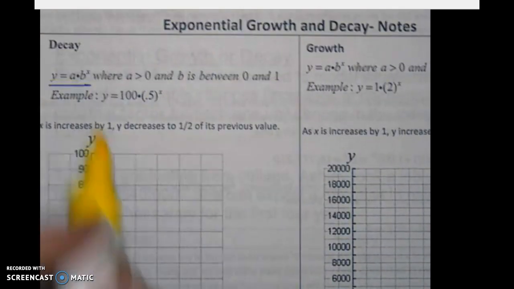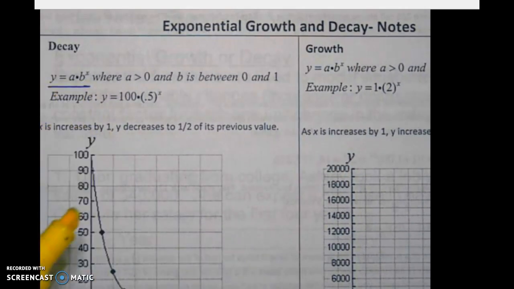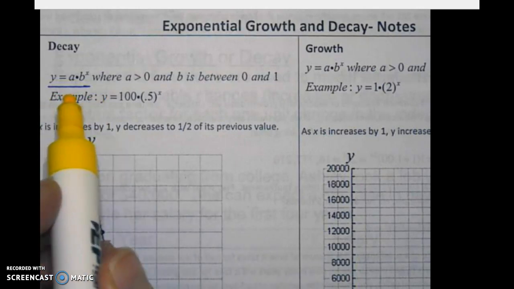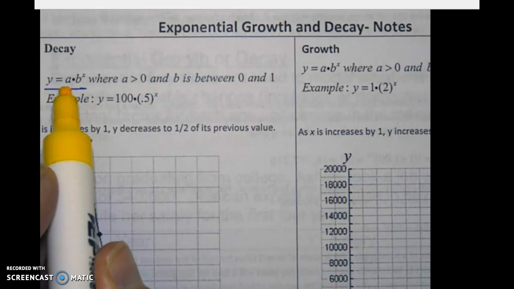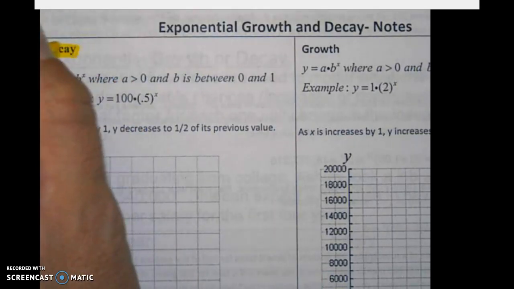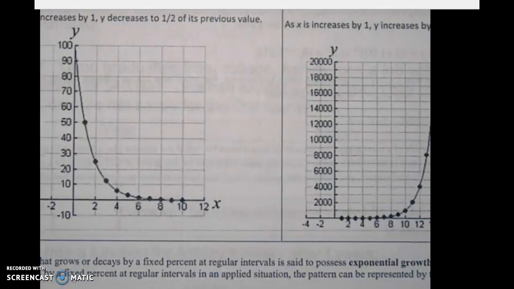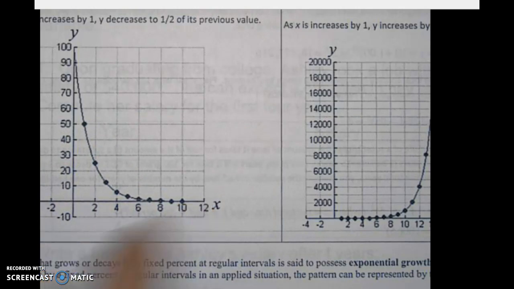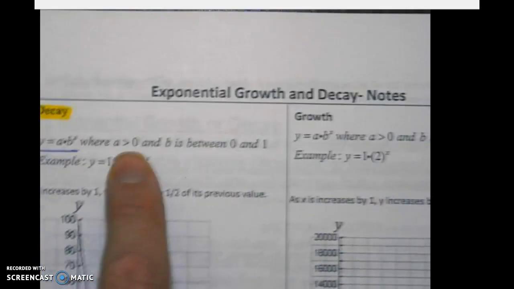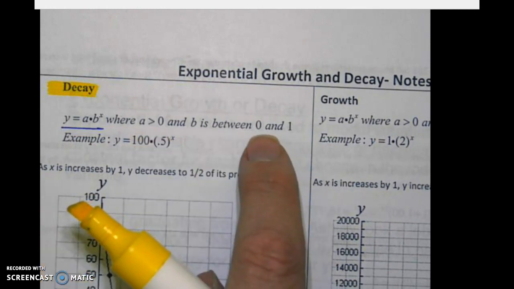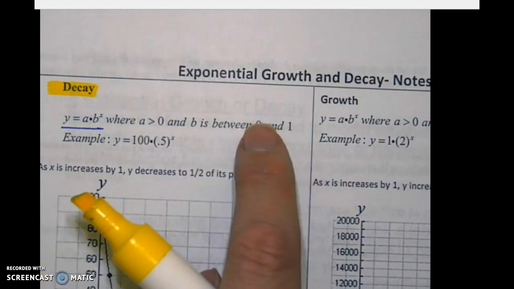Now each part of this function is going to tell you something different, and we're going to get to that in just a moment. First of all, some rules. The a value, if we're having a decay, and you can see the graph, it's decreasing dramatically when you have a decay. The a value is going to be greater than 1, and b is between 0 and 1.